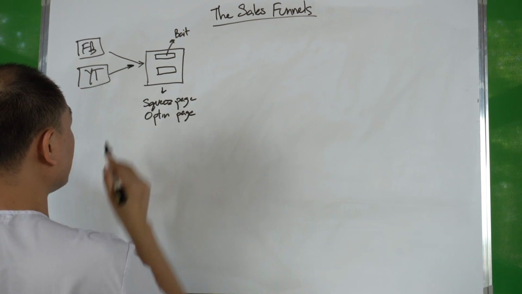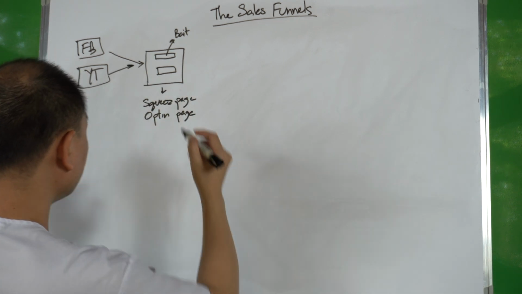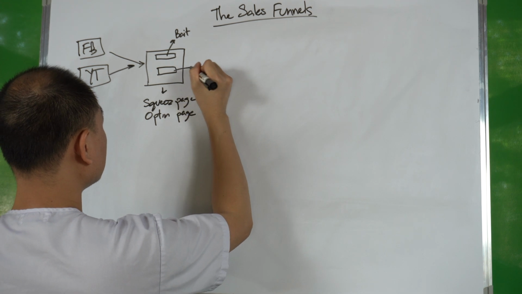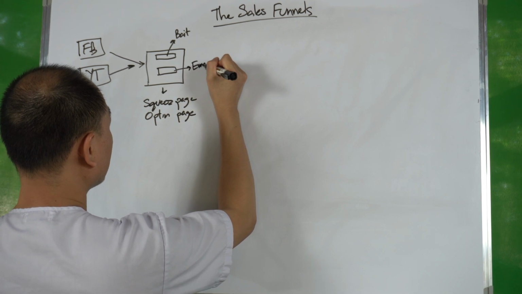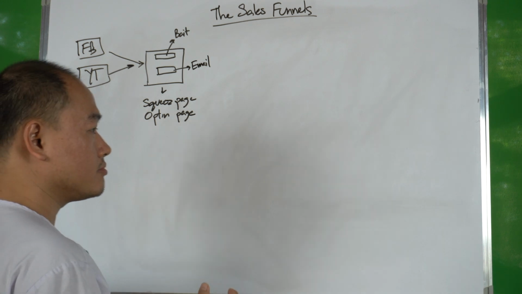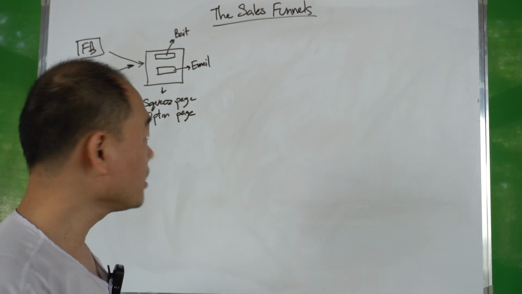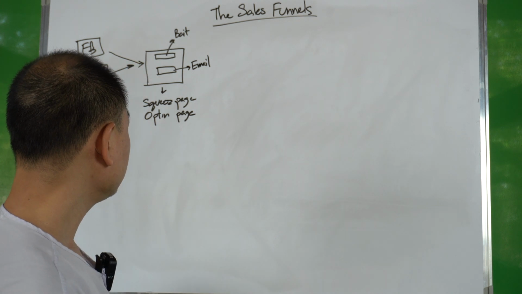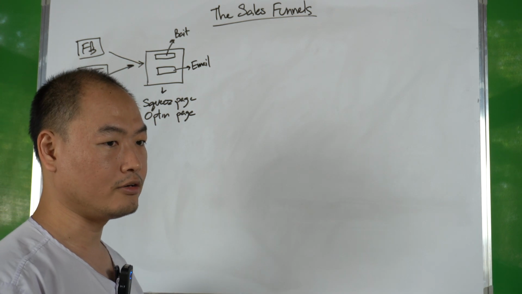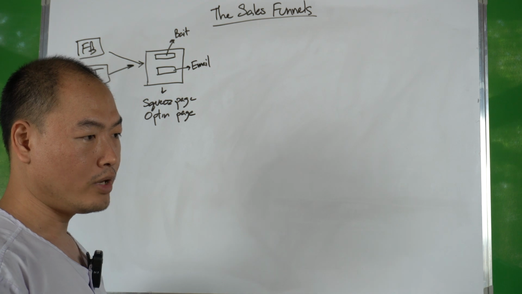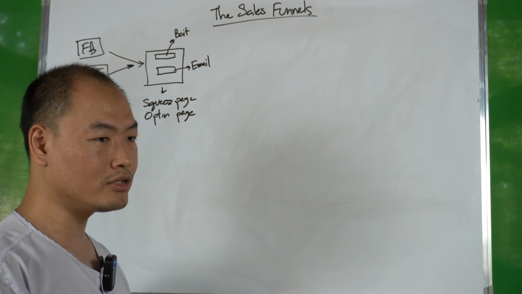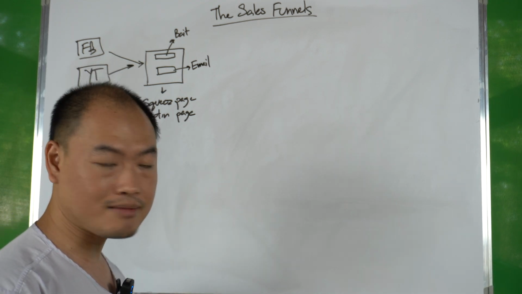So they can come here, and after they come here, they will leave their email. We can tell them, hey, if you want this $37 ebook, you can leave your email here for free for the information or for the report, like what is the hottest product that you can promote during 2021 or something like that.